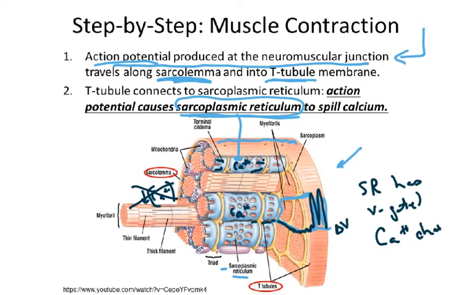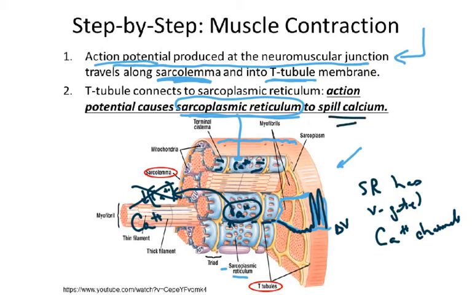And when you open these channels, now the calcium that was trapped is going to be spilled out. And now we're going to have calcium out here with our myofilaments. So the action potential causes the sarcoplasmic reticulum to spill the calcium.